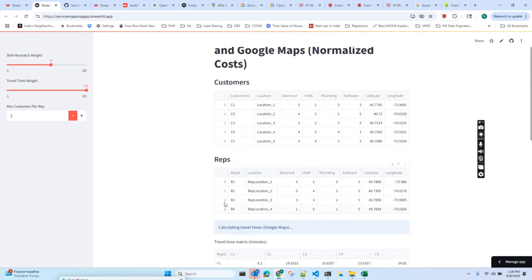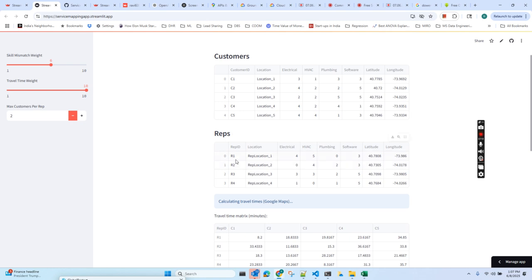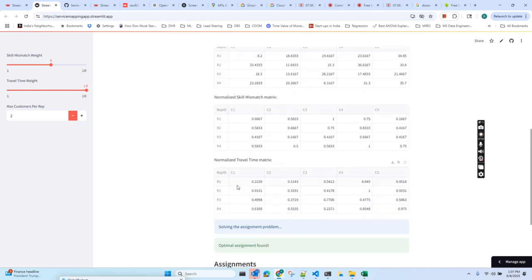It would be a difference between 4 minus 3, 5 minus 1, 0 minus 3, because we are talking about plumbing, and then software would be 3 minus 3, and so on and so forth. So for each customer versus service engineer, we find the difference between the requirements of the customer and what the service engineer has to offer. We calculate that in a matrix format.